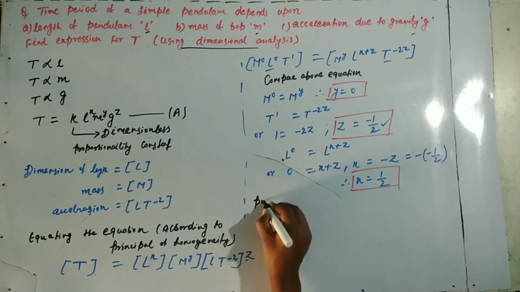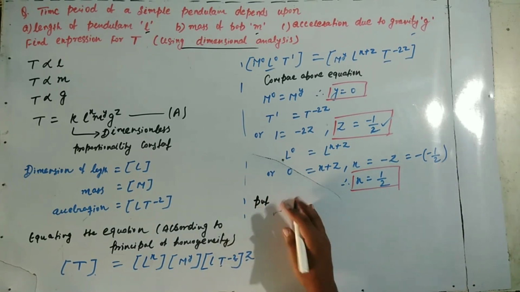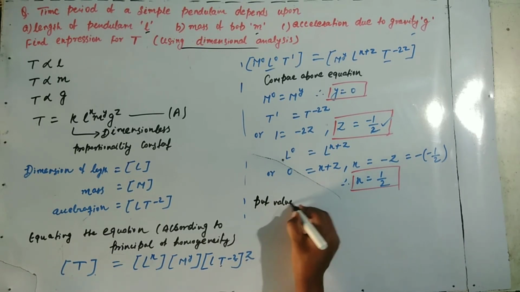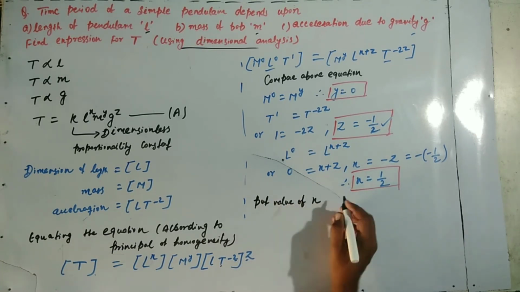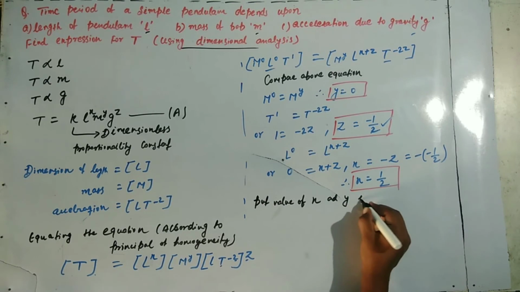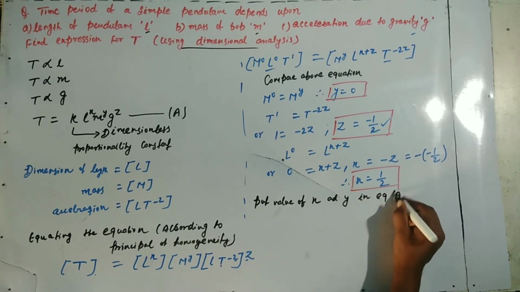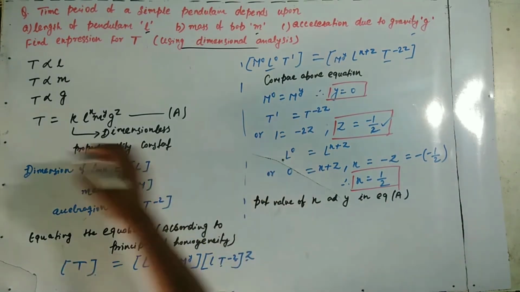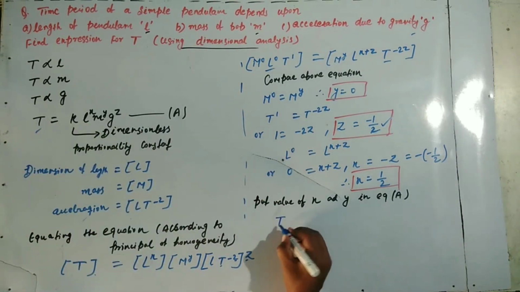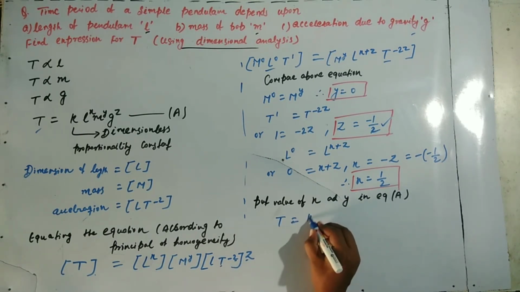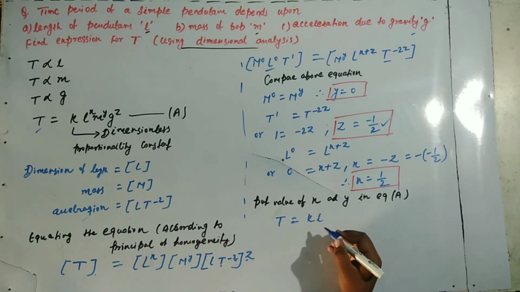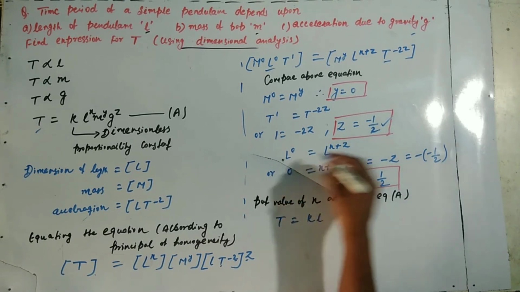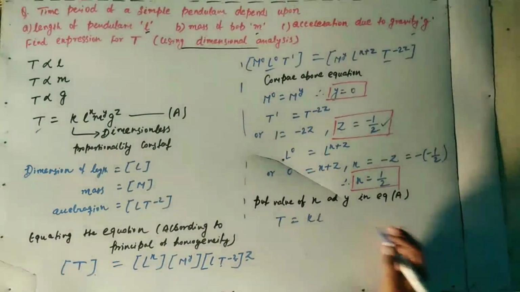Now we put the values of X, Y and Z in equation A, and we find the relation between them. T equals K into L to the power X, and X value is 1 by 2.